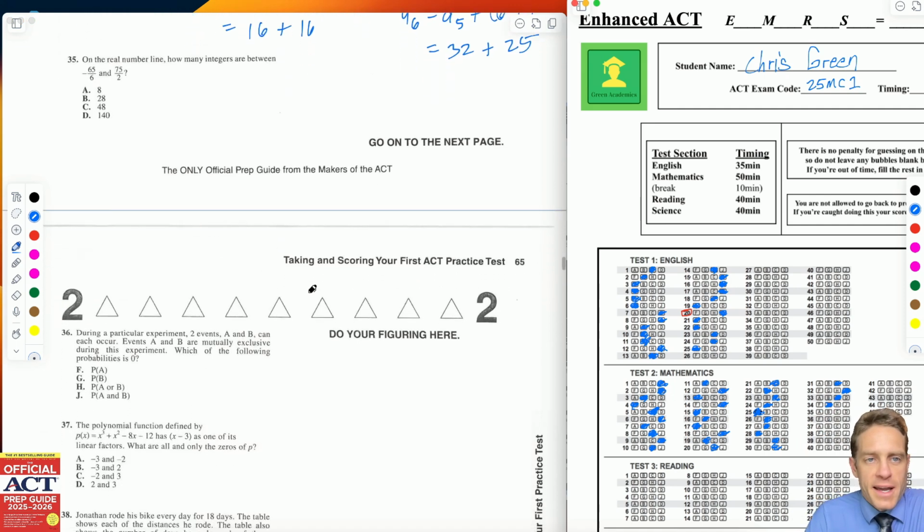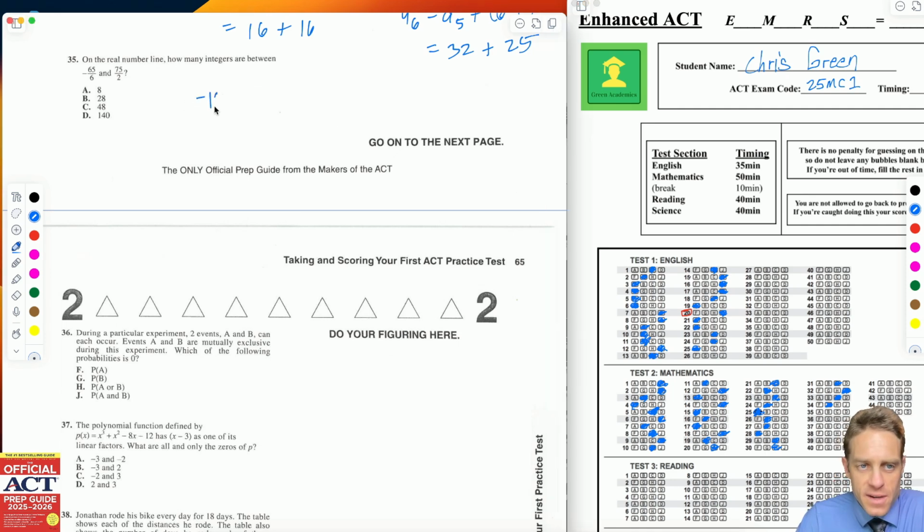On the real number line, how many integers are between? So negative 65 divided by 6 is negative 10.83. And then 75 divided by 2 is 37.5. Now, a lot of people tend to make the same mistake on this, I'm guessing.